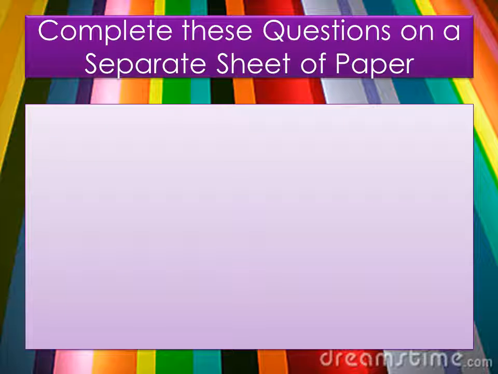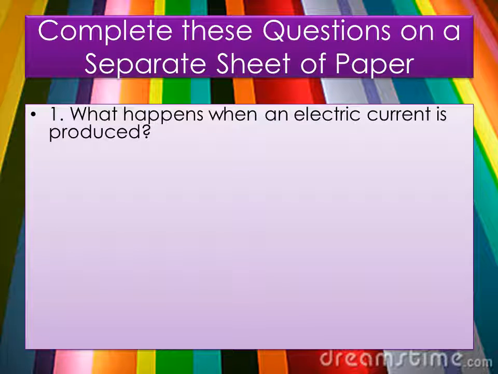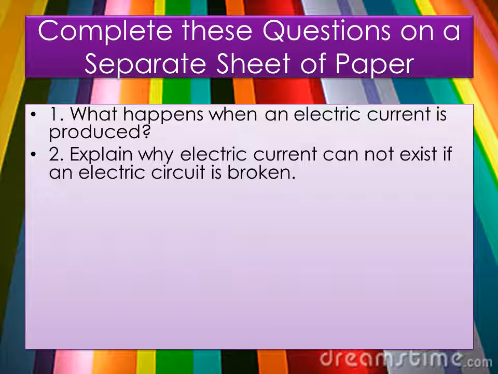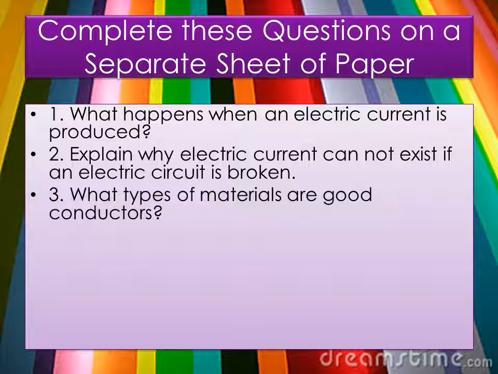Okay, so complete these questions on a separate sheet of paper. Number 1, what happens when an electric current is produced? Number 2, explain why electric current cannot exist if an electric circuit is broken. Number 3, what types of materials are good conductors?